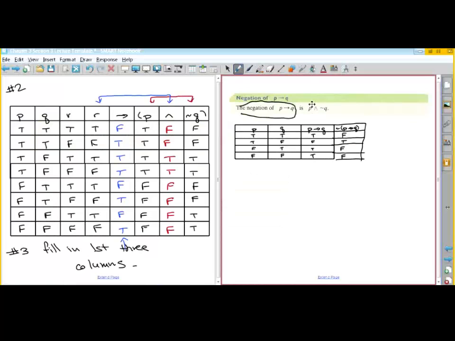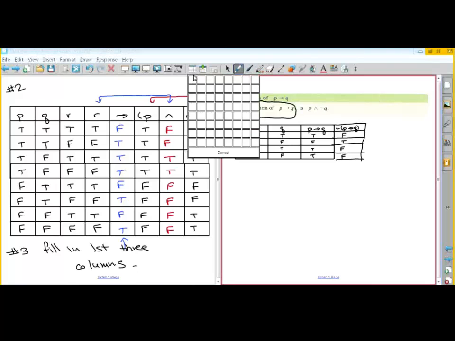What I'm going to do now is do this AND statement and see what I get as a result. I need 5 columns and 5 rows, because I have 2 to the second plus 1.